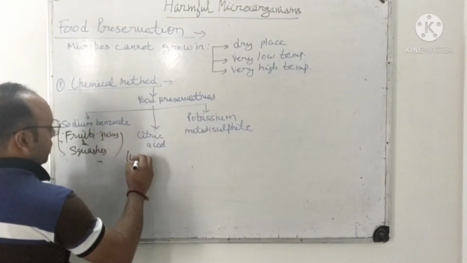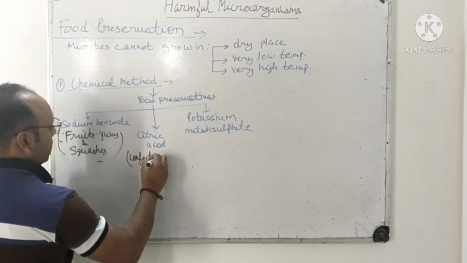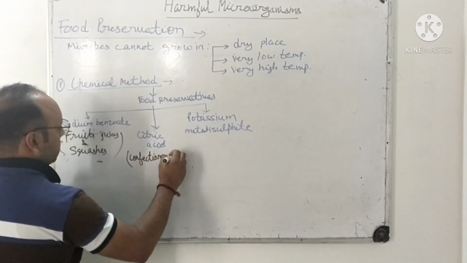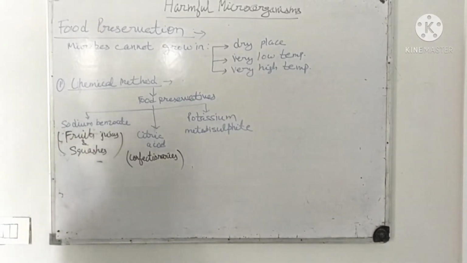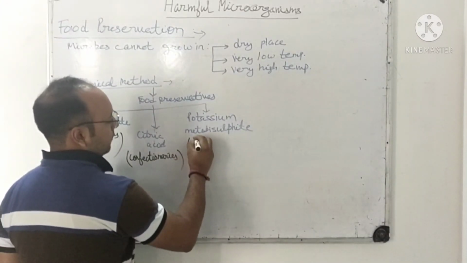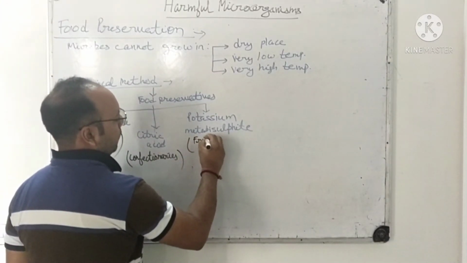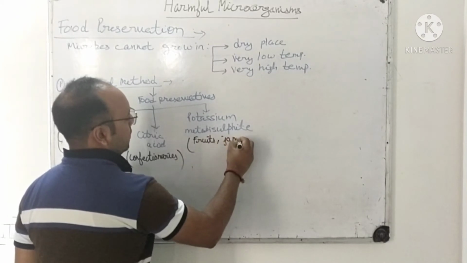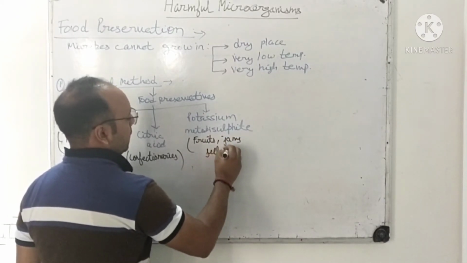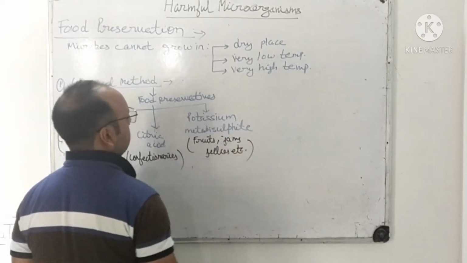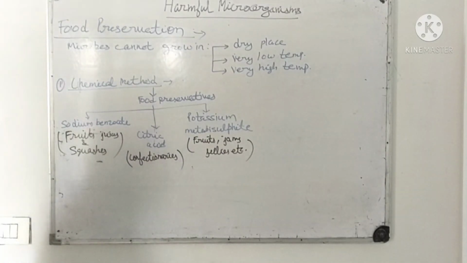Citric acid is used in confectionaries. In the same way, potassium metabisulfite is used for preserving fruits, jams, jellies, etc. So these are the chemical methods which can be used.